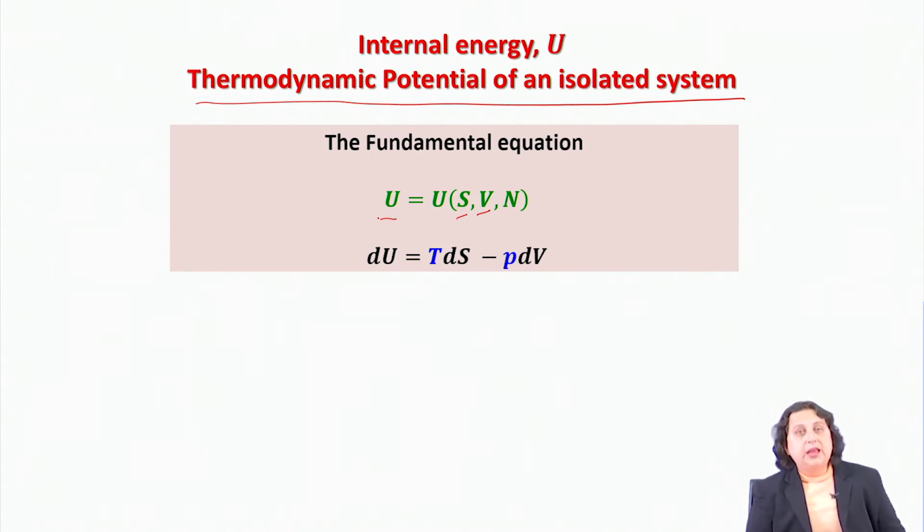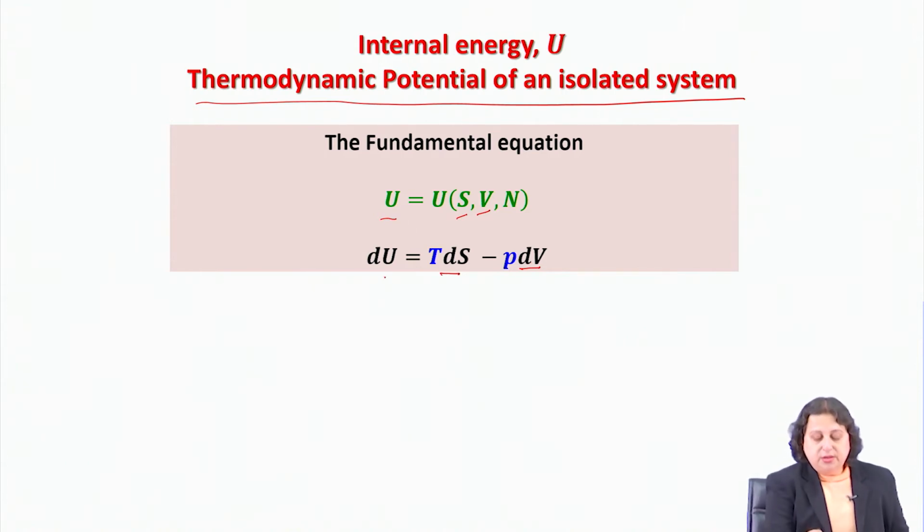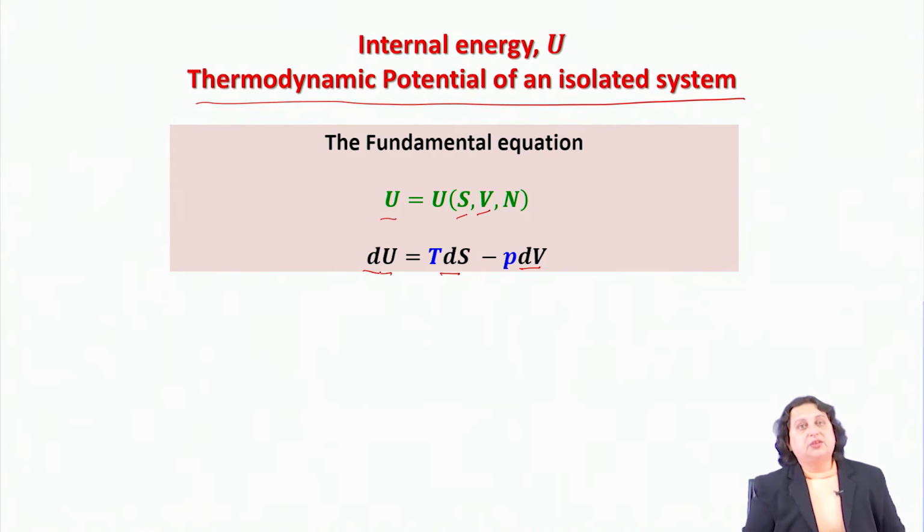If I induce the system to undergo a change in state whereby S changes to S plus dS and V changes to V plus dV, what would be the consequent change in U? dU, by the combination of the first law and the second law of thermodynamics, is given by TdS minus PdV.